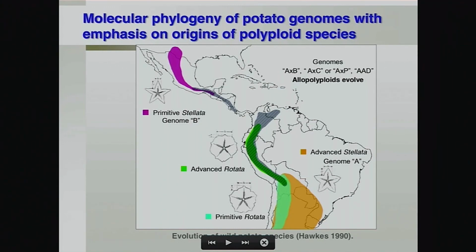He postulates that the primitive wild potato had a primitive stellata corolla and genome B. Then some species with this genome moved to South America, allowing the evolution of genome A. First we have the primitive rotata, advancing rotata, and then some of these species with genome A moved back to Central America, allowing allopolyploidization, and some polyploid species with different genomes appear.